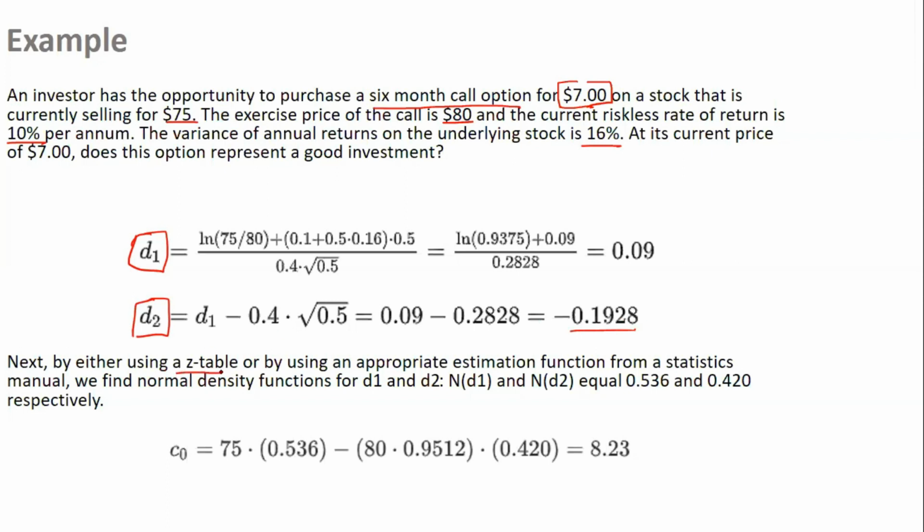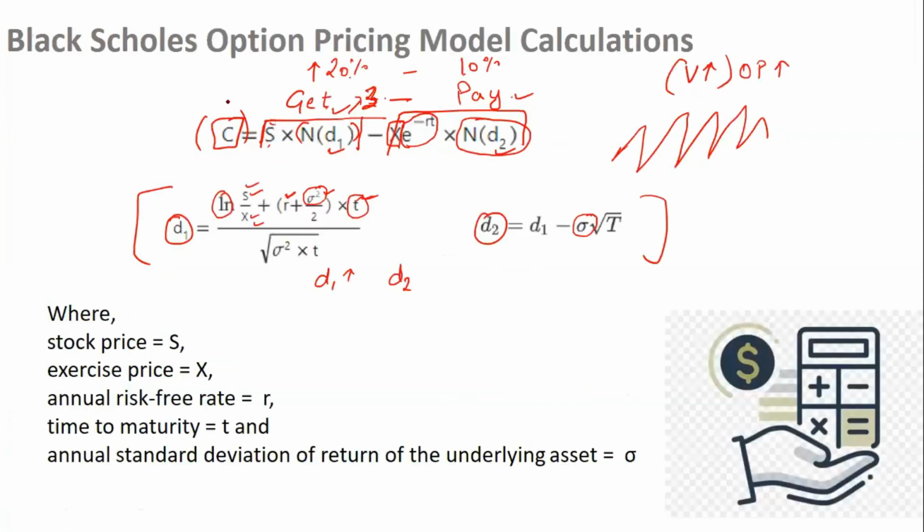Use the Z table to get your N(D1) and N(D2). N(D1) comes out to be 0.536, N(D2) comes out to be 0.420. Back to the same formula: your spot price multiplied by N(D1), minus your strike price multiplied by N(D2).